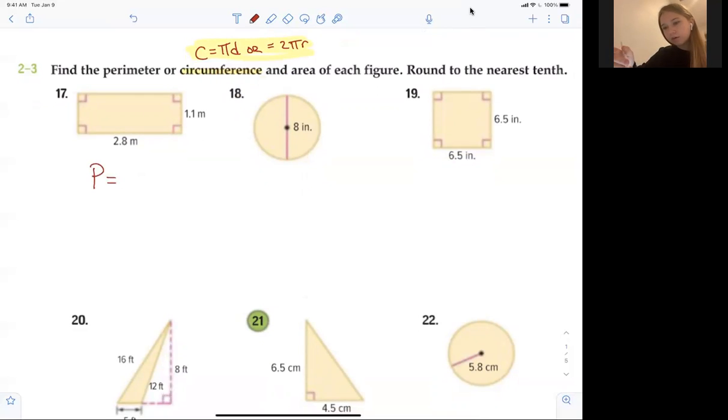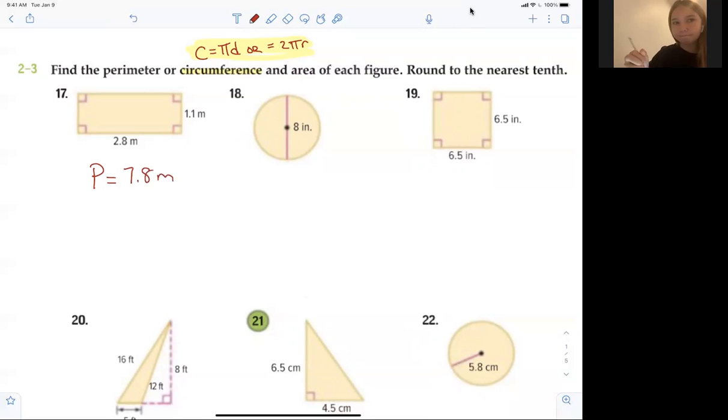Now, if we want the perimeter here, that shouldn't be a big deal. Perimeter is equal to what? We can do the mental math on this. I've got a 7.2. I don't think that's right. Anybody else? I'm so sorry, I meant 7.8 meters. Yes, 7.8 meters.